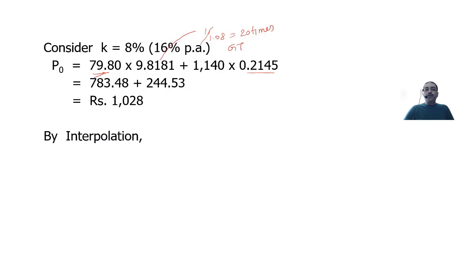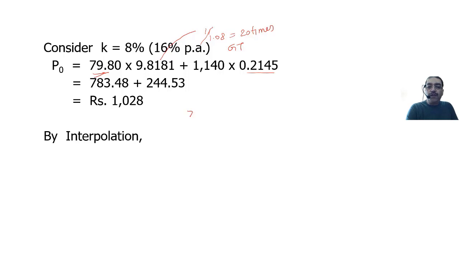Now, how to do interpolation? Sir, how to do interpolation? What I will do is, I will write the figures, whatever figures I've got. I don't want formula. I will write the figures. How to write the figures? Two figures I have got.